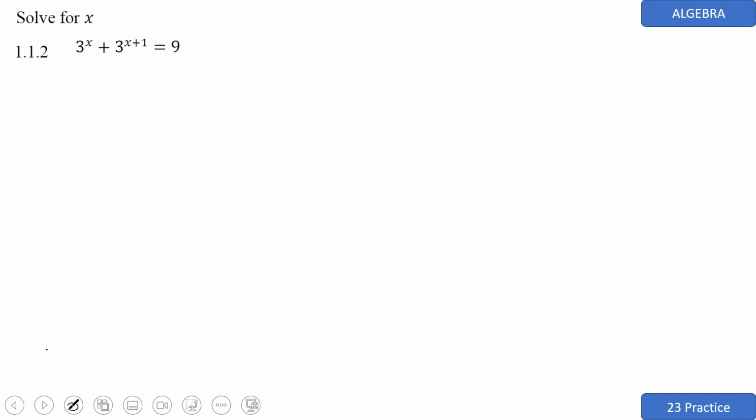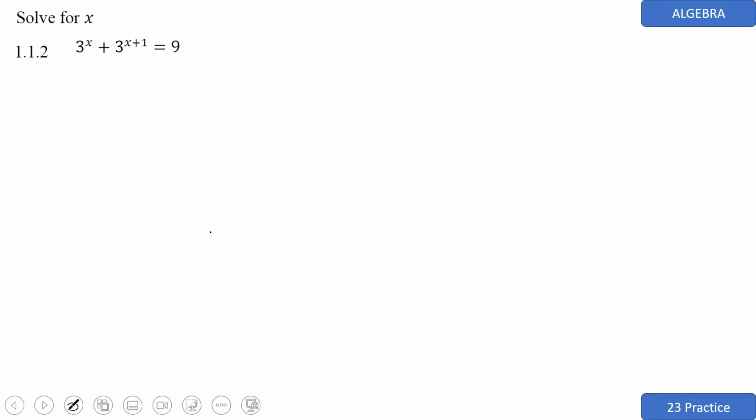Anyone's got an answer? Someone says it's 1/2. So we got a half. Can someone confirm a half? Nobody wants to confirm that answer.